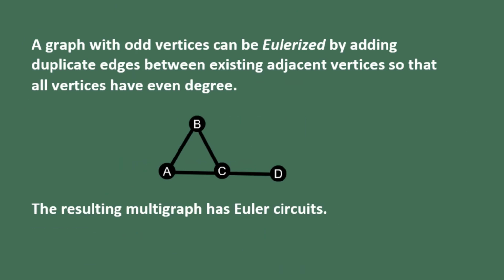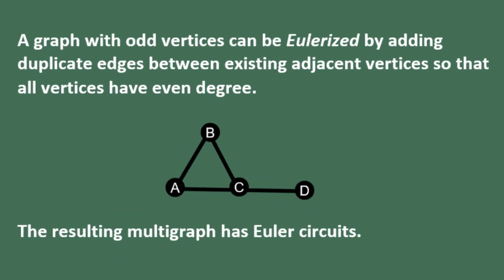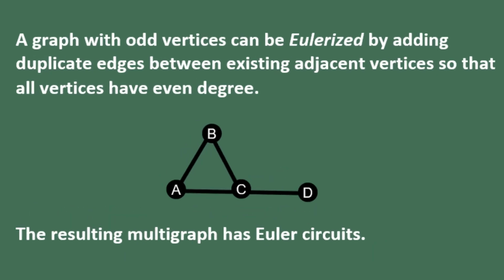However, a graph with odd vertices can be Eulerized. I know that's kind of a funny word. What do we mean by Eulerizing? What we do is we add some duplicate edges in order to force the graph to have all vertices of even degree. The resulting multigraph will have Euler circuits. First, we're going to identify the degrees of each of the vertices.